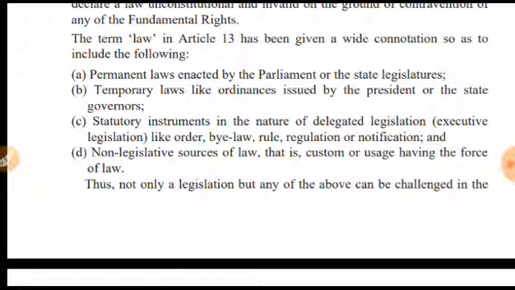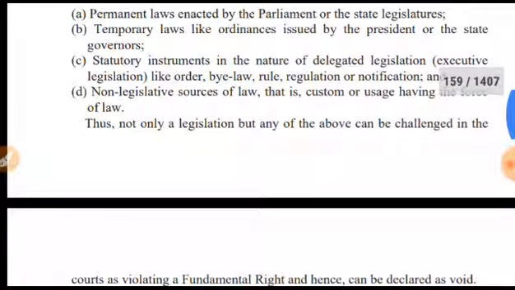So it is mainly statutory instruments in the nature of delegated legislation, like order, bylaw, rule, regulation, and notification.